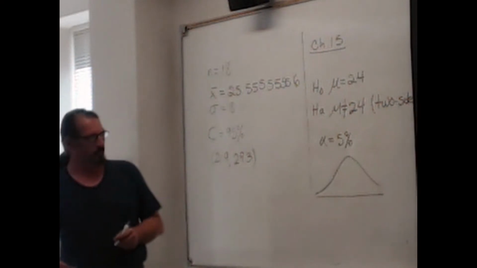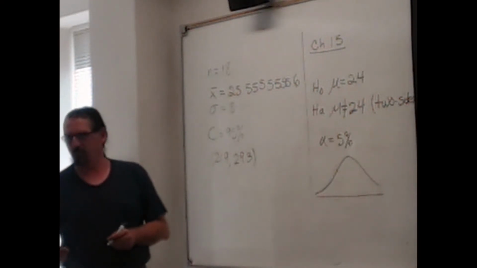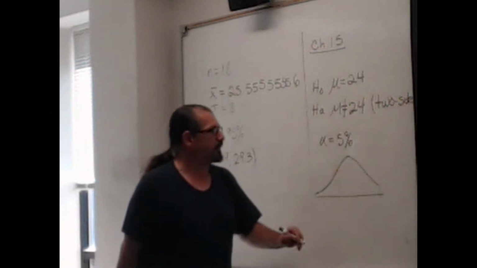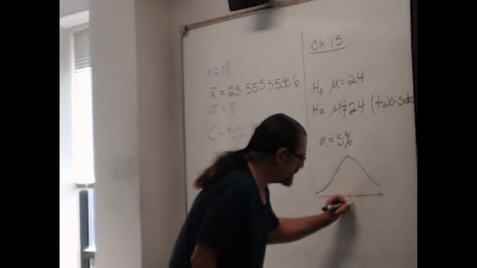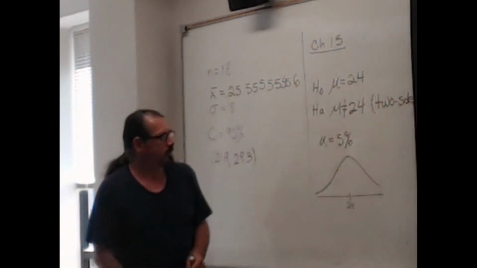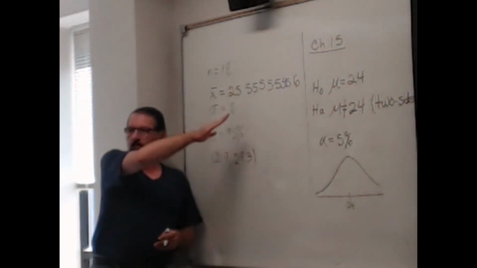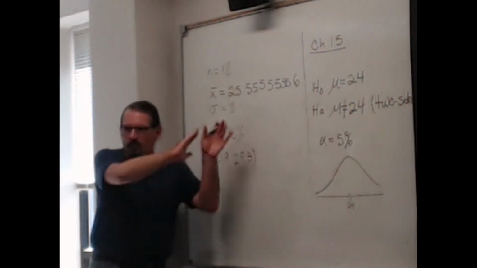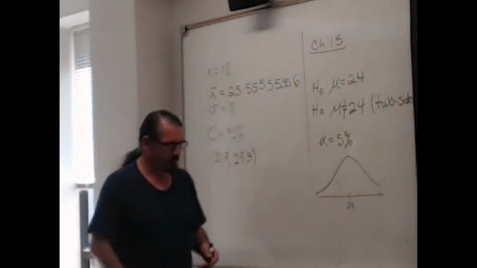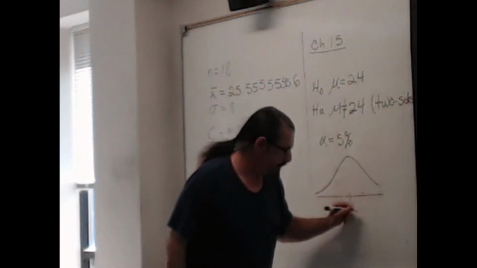So if you're claiming that the population mean, mu, is 24, the 25 point, bunch of repeating fives, and then the 6 is above that.